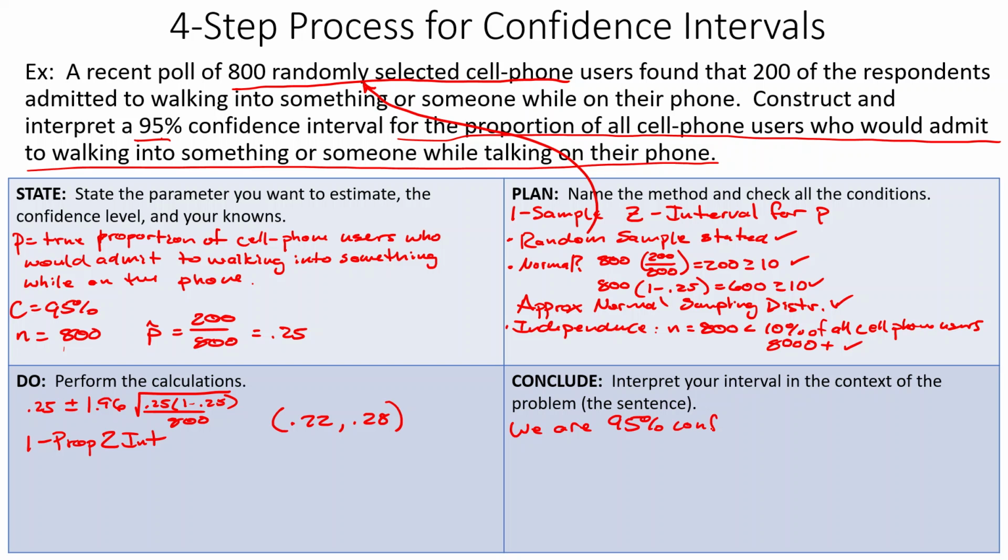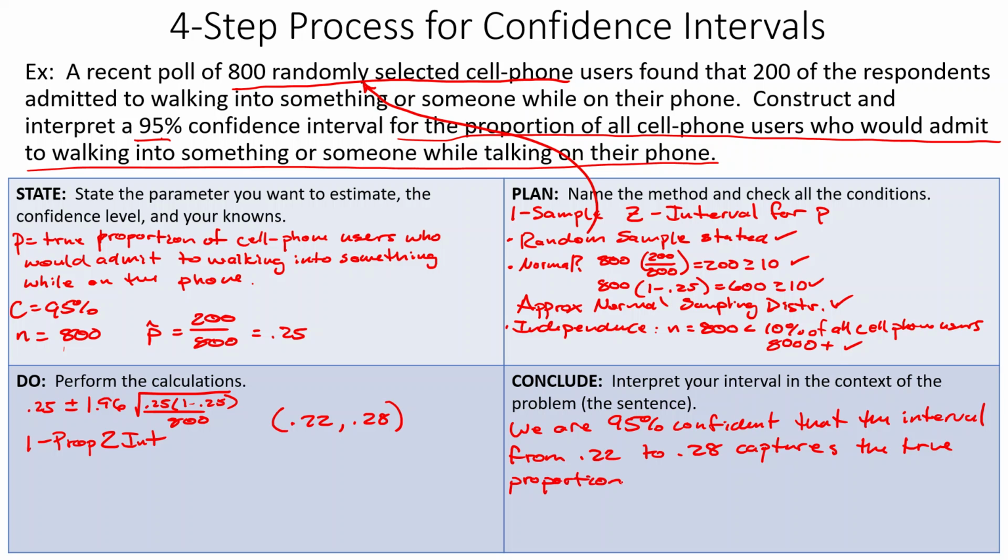So 95% confident that the interval from 0.22 or 22% to 0.28 or 28% captures, there's our verb, it captures something, and what it captures is the true proportion or the population proportion of cell phone users who would admit, it's basically we're restating this here, would admit to walking into something.